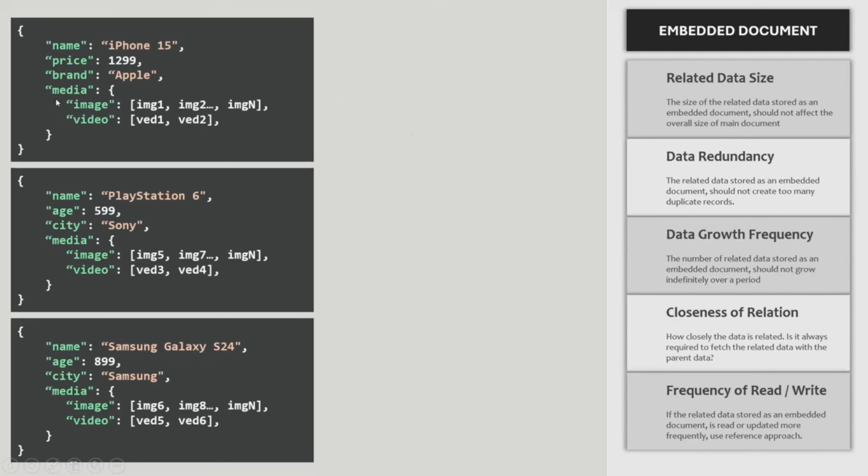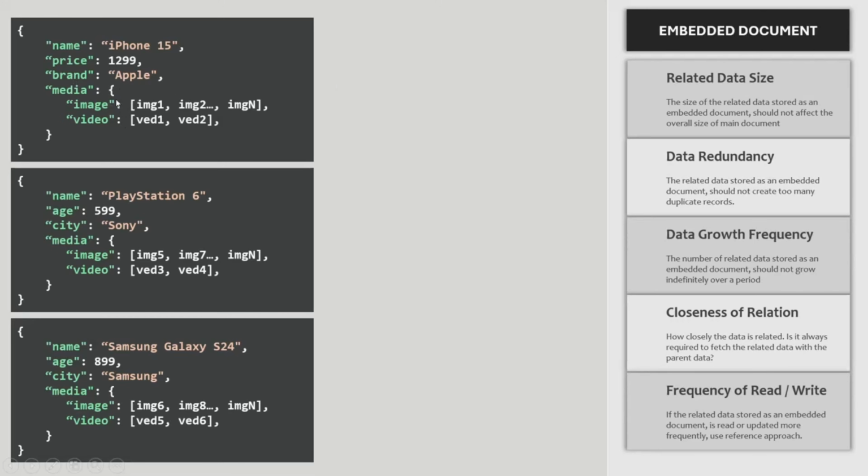Now here, if we go with the embedded document approach for this media document like we are doing here, first of all, this embedded document's size can be quite big, because in this document we are storing images and videos, and the size of the images and videos can be quite large. So it is possible that this embedded document can affect the overall size of this product document, because the product document itself is going to have a lot of fields. Here we have only specified three fields: name, price and brand.